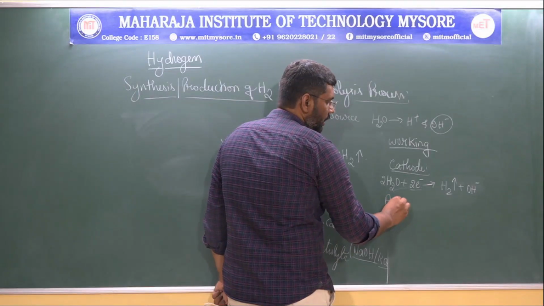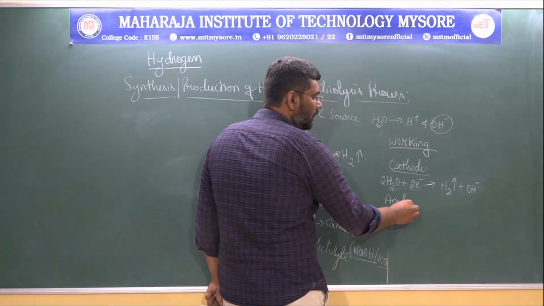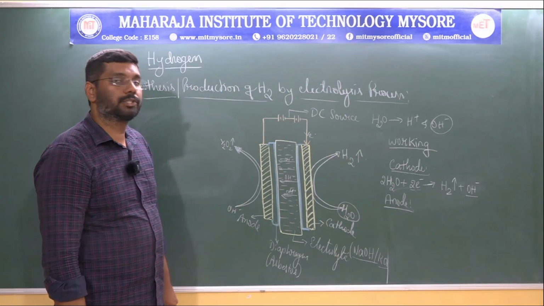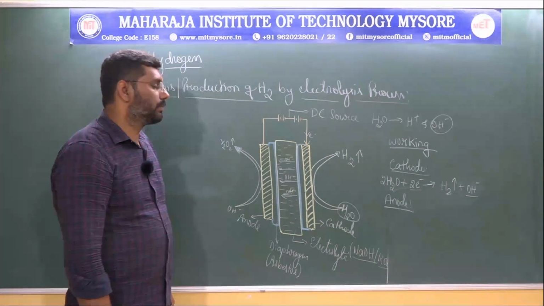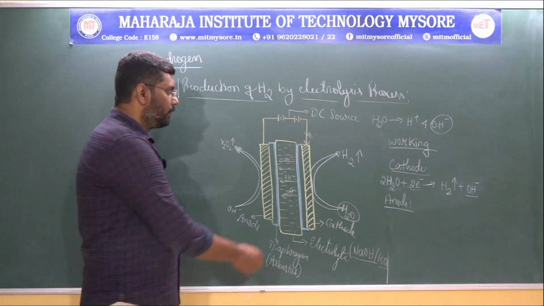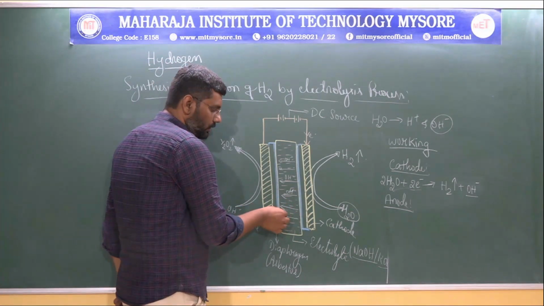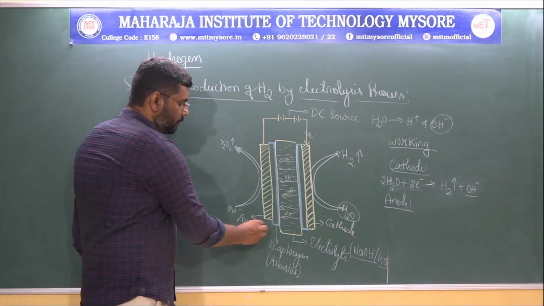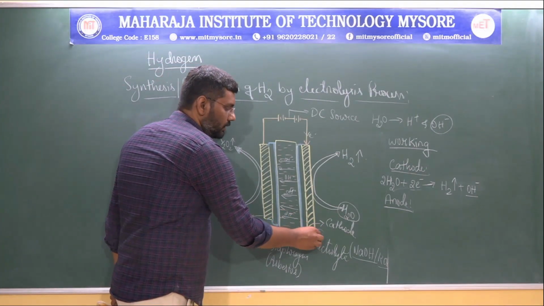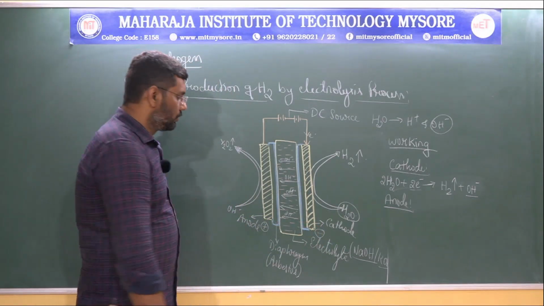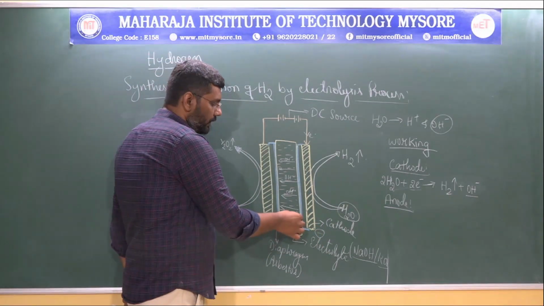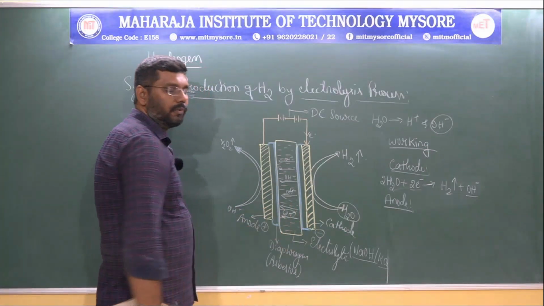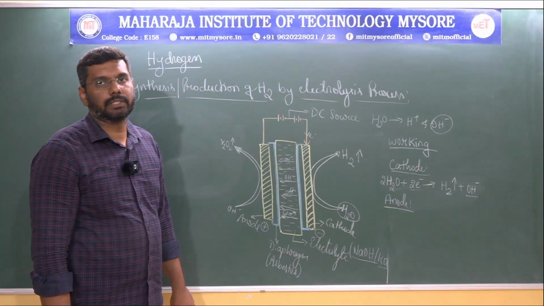What happens at the anode site? The released OH minus group, produced due to the reduction of the water molecule in the presence of electricity, will move towards the anodic site. As I have told, anode is positively charged and cathode is negatively charged. So due to the positive charge, the negatively charged OH minus group will definitely be attracted towards the anode.